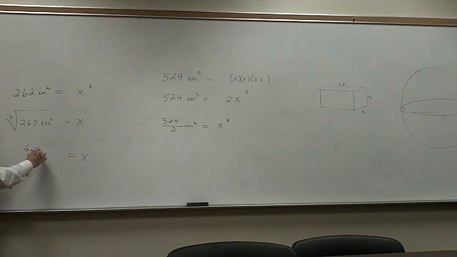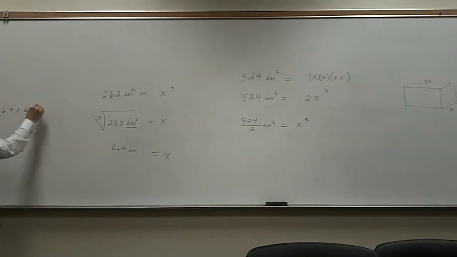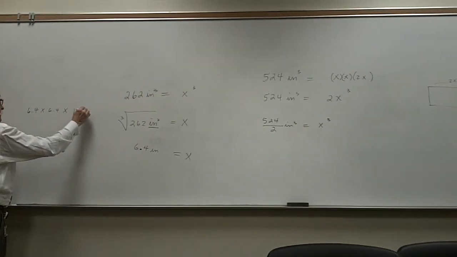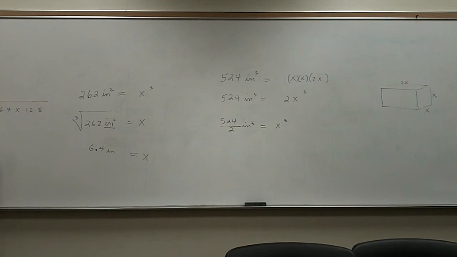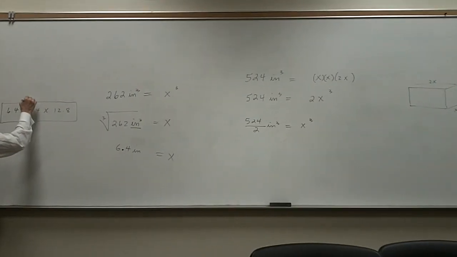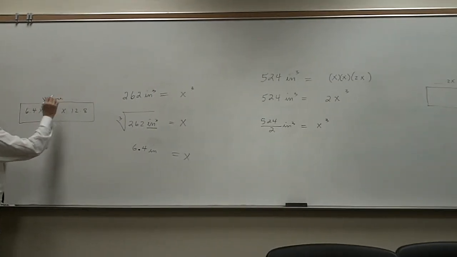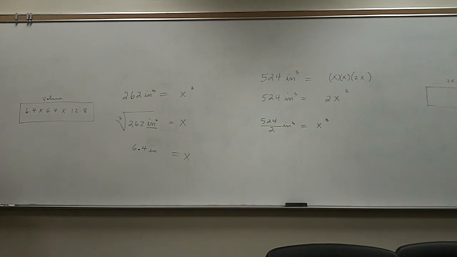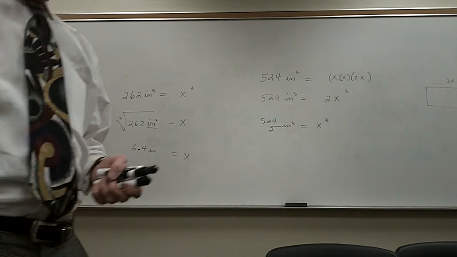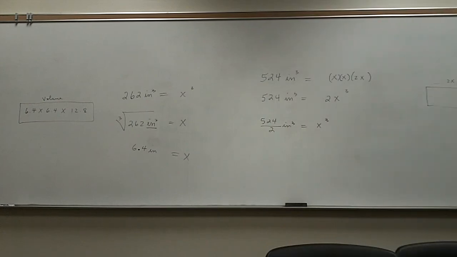Because the cube root of inches cubed is inches. So it is 6.4 times 6.4 times 12.8. That's the volume of the rectangle. It is the same as the volume of the sphere.